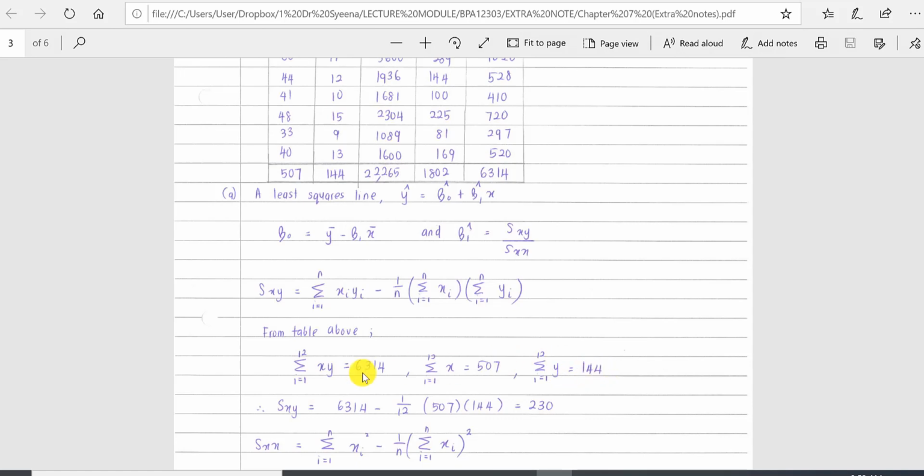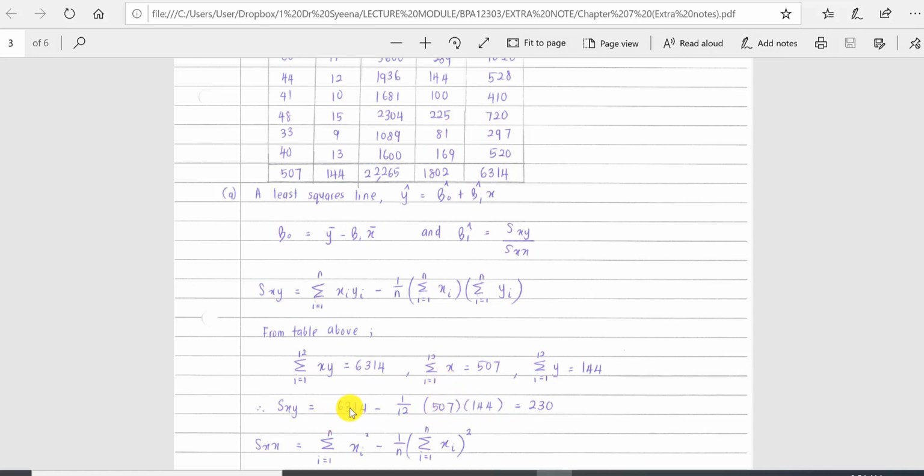So now we can calculate the value of Sxy. The summation of xy is 6314 minus 1 over n, where n is 12, so 1 over 12, times the summation of x, 507, times the summation of y, 144. So you calculate 1 over 12 times 507 times 144, you get the value.